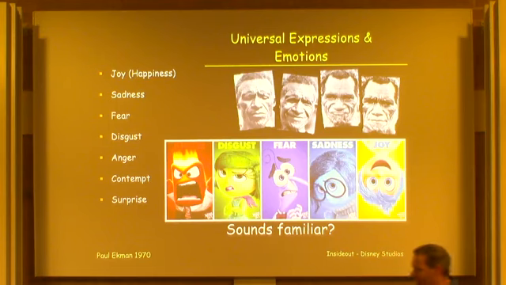Now, this guy, Paul Ekman, was a psychologist that claimed that these 7 expressions are universal, and it took him about 7 or 8 years to realize that all these universal expressions are being controlled by 50 groups of muscles, which he called action units.